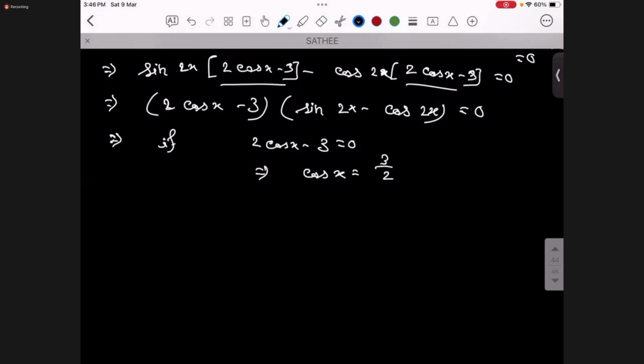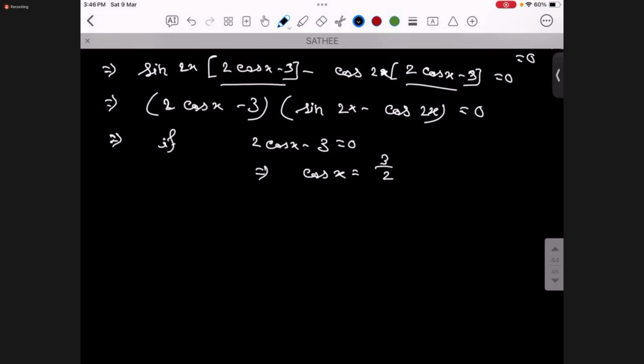Now one can ask, okay, this is the answer, cos x equals 3 by 2. So we just need to find the values of x which can give us the value 3 by 2.